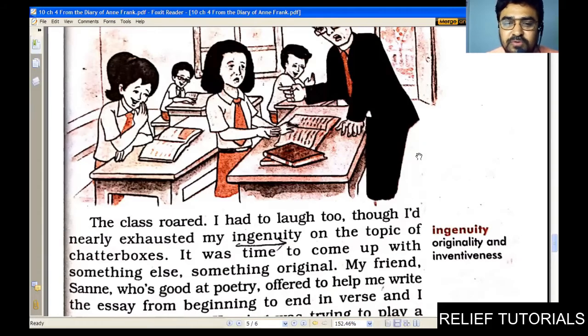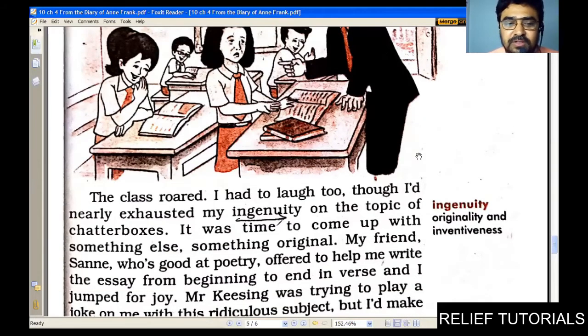Well, she also couldn't help laughing, though I had nearly exhausted my ingenuity. Well, she was worried what to write. Whatever ingenuity, originality, innovativeness that she had regarding the topic of chatterbox, she had put into both of those previous essays given earlier as punishment. Now what to write?